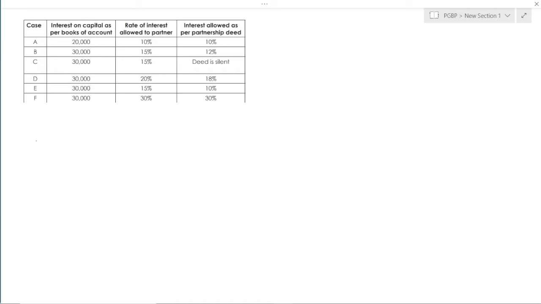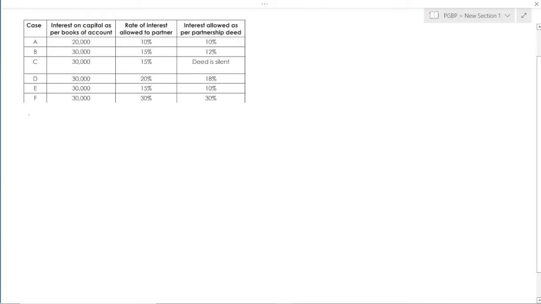we have to understand that before we write anything, let us write in a row-wise format. Interest allowed under section 40B, lower of the following. What I am going to do is write case A, B, C, D, E in a row.